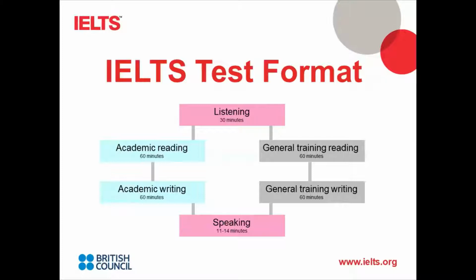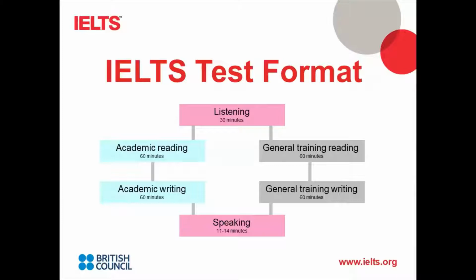In writing, there will be two tasks, task 1 and task 2. In academic writing, you will get task 1 as a graph. That can be a pie chart, line graph, or a bar diagram, or a diagram itself. And in task 2, you will get an essay based on a topic.